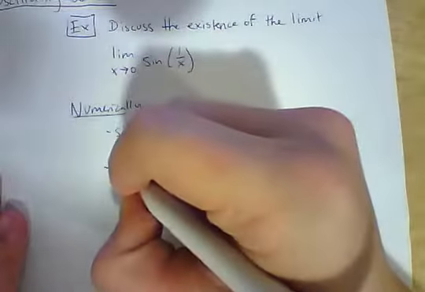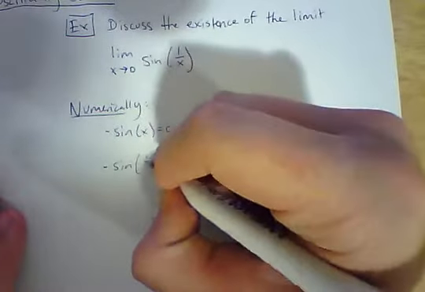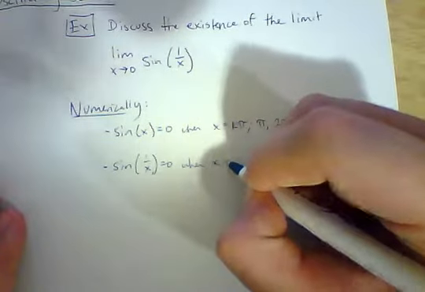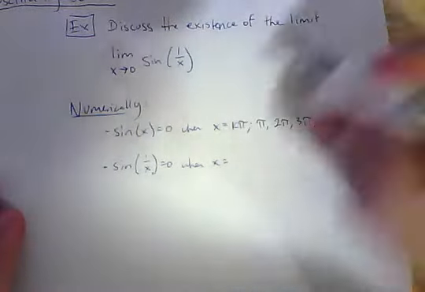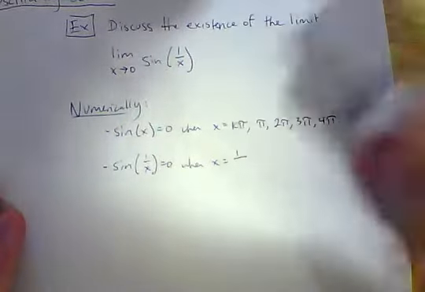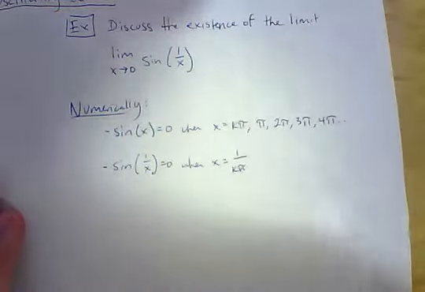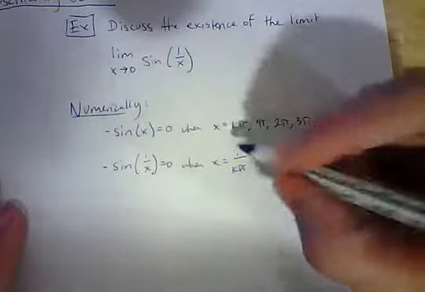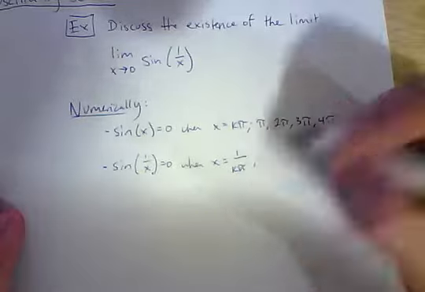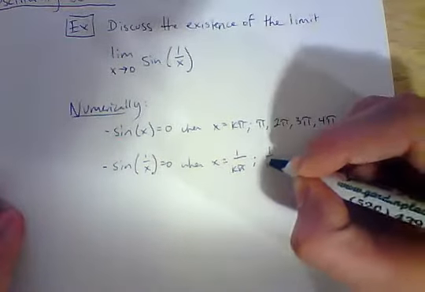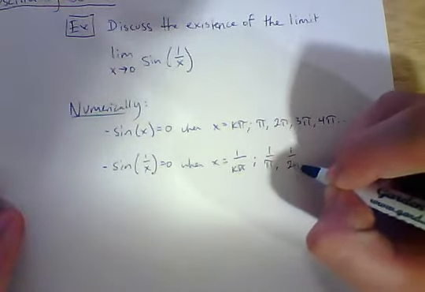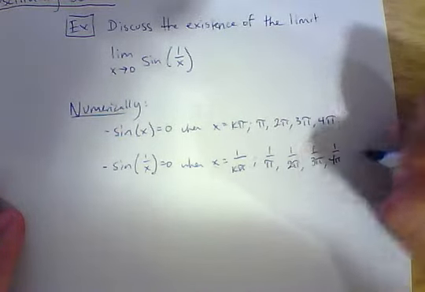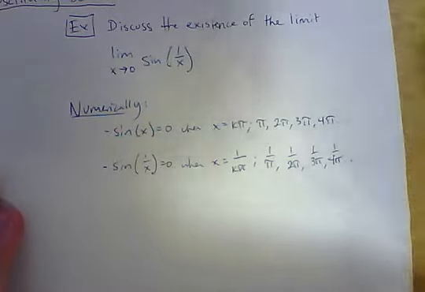So if we follow that logic, sine of 1 over x is equal to 0 when x is equal to 1 over multiples of pi. So if we had, for example, 1 over pi, 1 over 2 pi, 1 over 3 pi, 1 over 4 pi, and we just kept going, we'd always get 0.